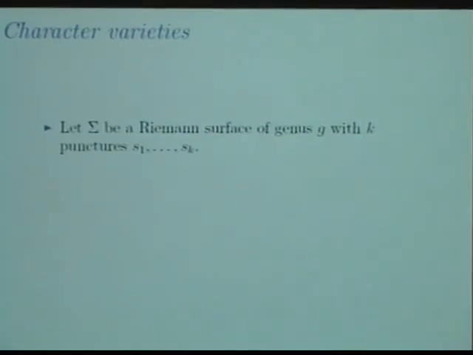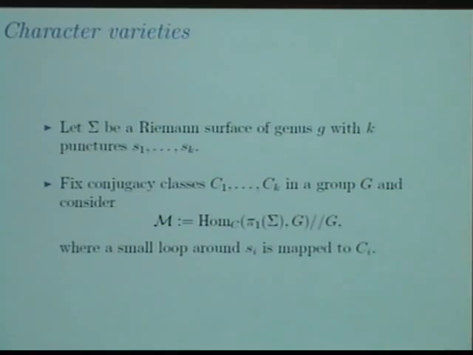So let me describe then the character varieties that we will consider. We take a Riemann surface sigma of genus g, and we take k punctures. So S1 through Sk are points on the surface. And we fix, so just take for the moment an arbitrary group G, and fix conjugacy classes C1 through Ck in the group, and consider this space M to be the representation variety, meaning all the maps from the fundamental group into the group G, where a little loop around each one of the omitted points gets mapped to our preferred conjugacy class.